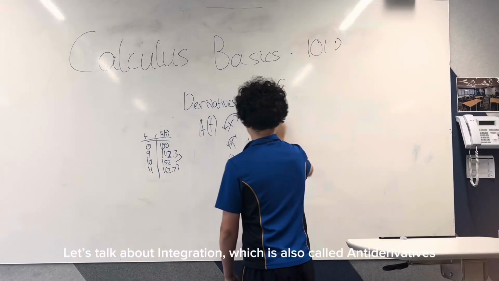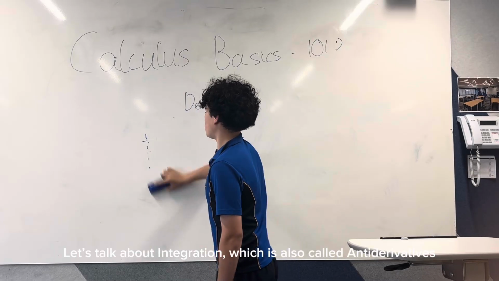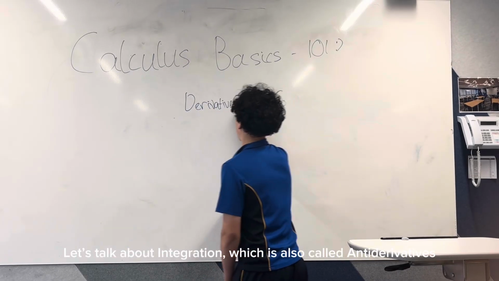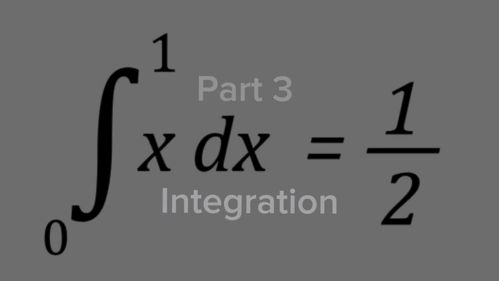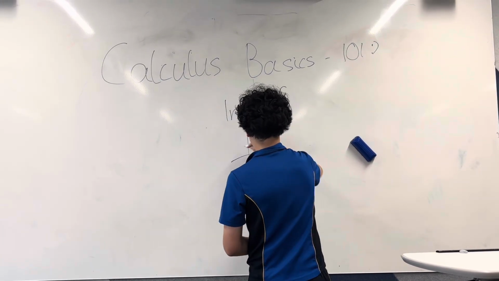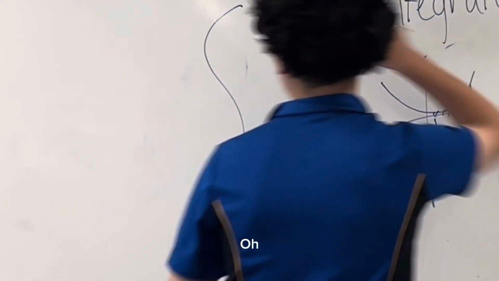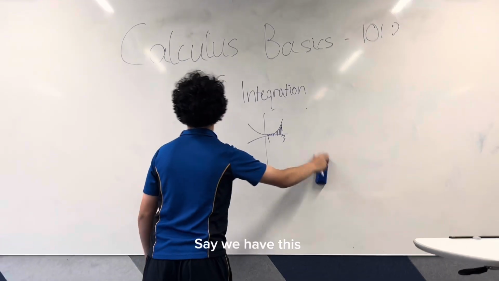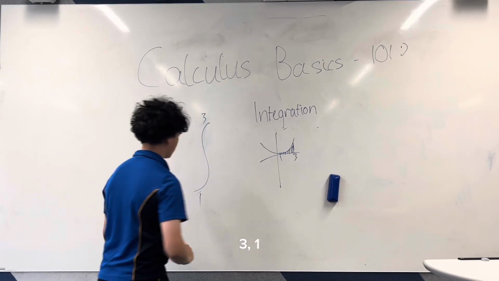Let's talk about integration, which is also called antiderivatives. So now that we're up to integration, let's say we have this, 3 and 1.